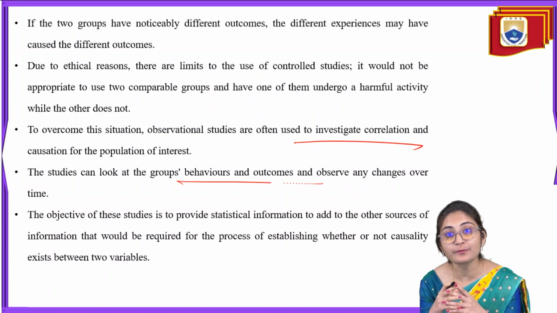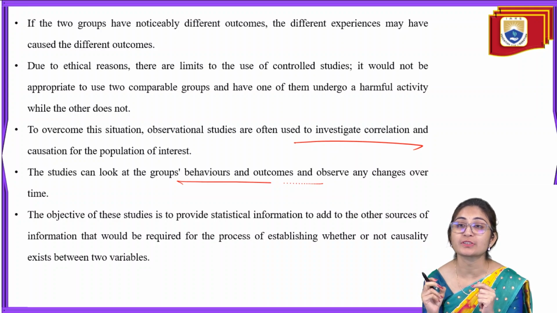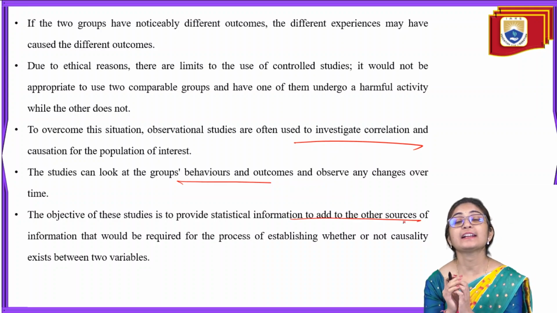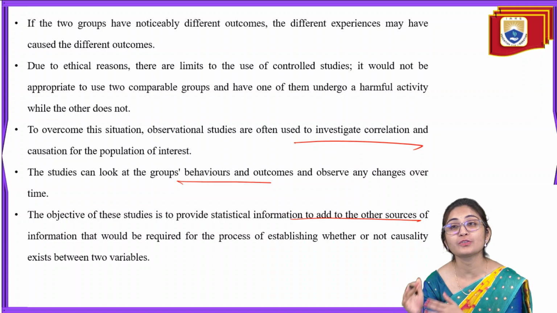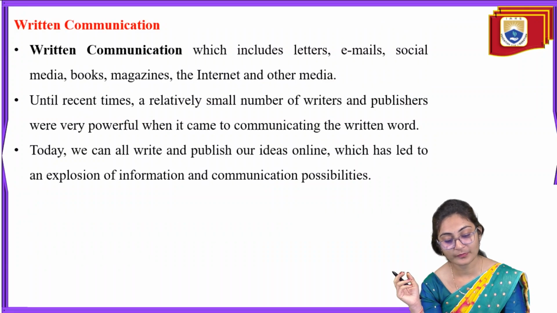The objective of these studies is generally to provide statistical information to add to other sources of information that would be required for establishing whether or not causality exists between two variables.